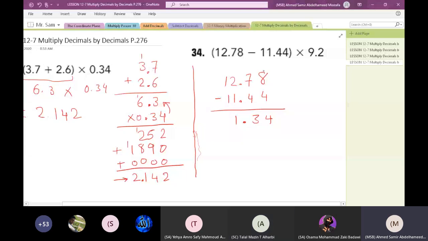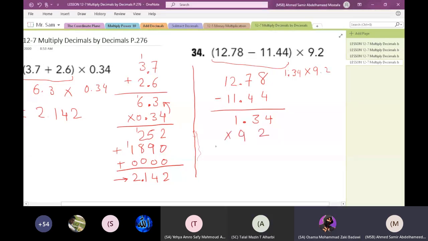1.34 times 9.2. Okay, now let's multiply this by 9.2. Osama, go ahead. We put 9.2 under the 1.34.